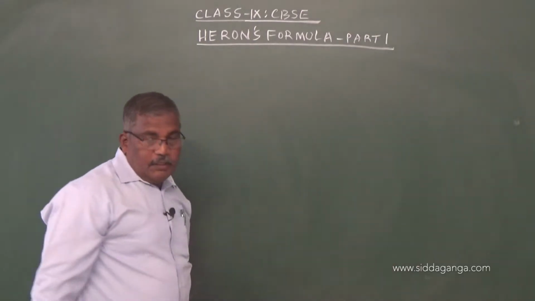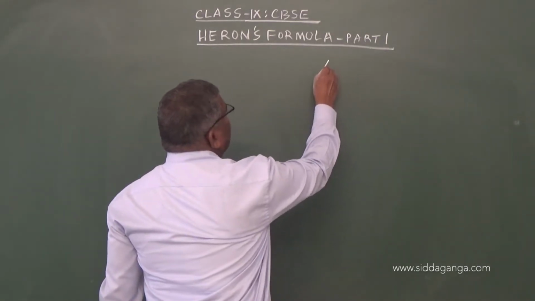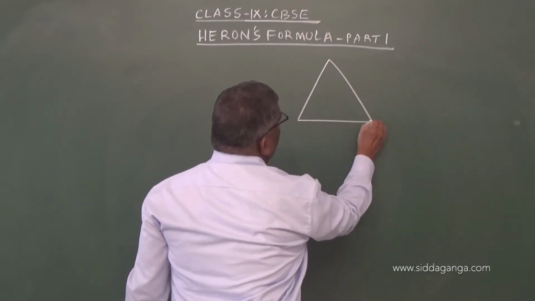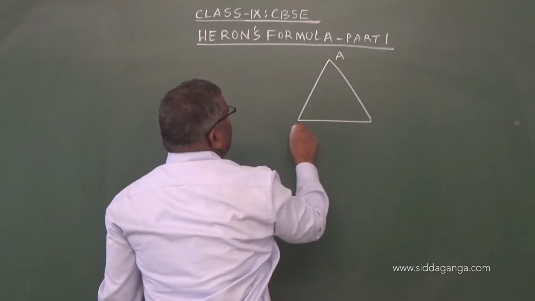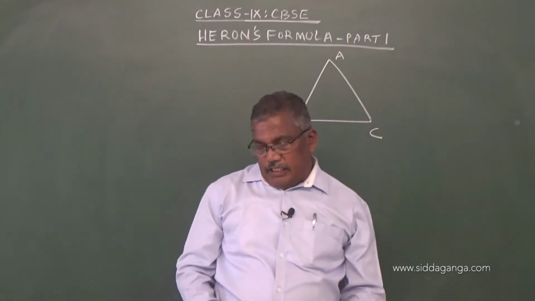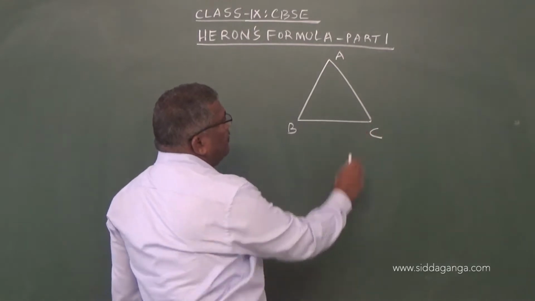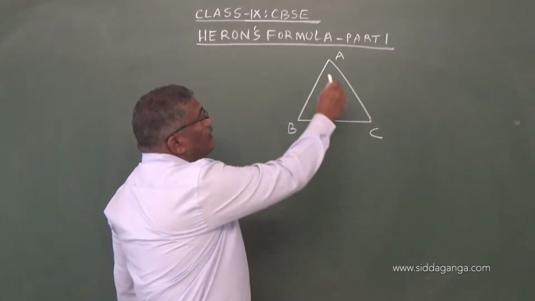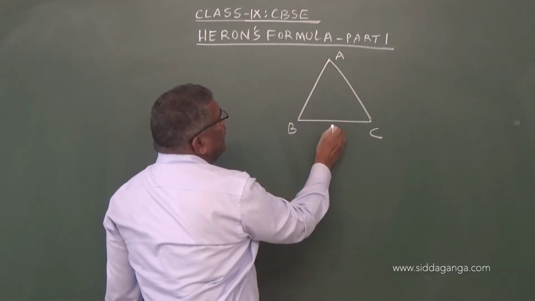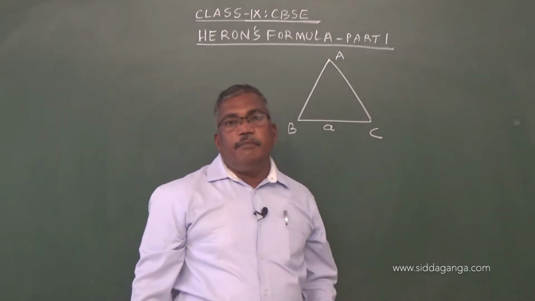See this. Suppose we have a triangle ABC. The vertices A, B, C are represented by capital letters, as we are used to. Now the side opposite to vertex A is represented by small a. Here small a represents the length BC.